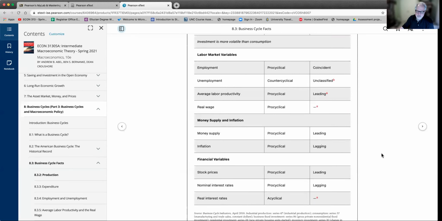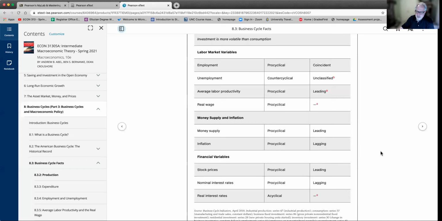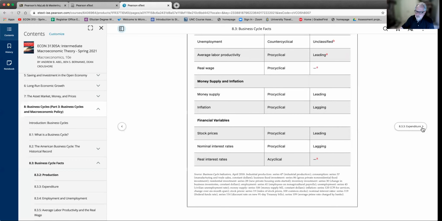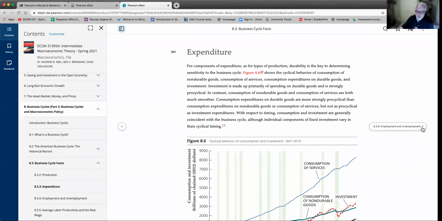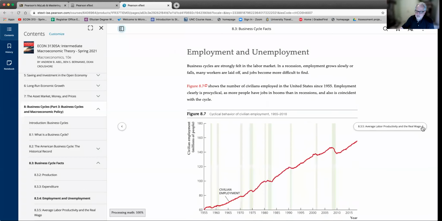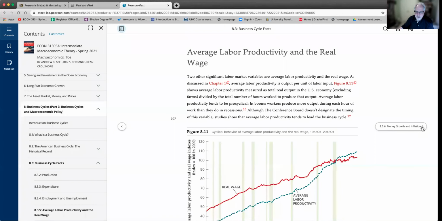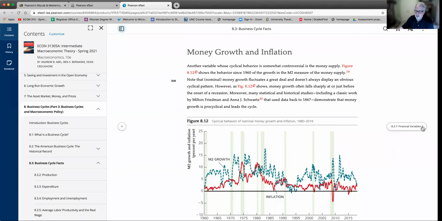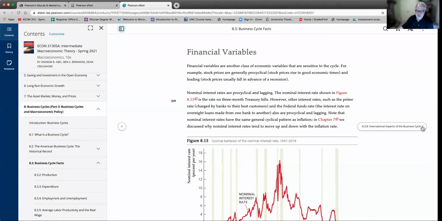So this is an opportunity where we start looking at the business cycle behavior of these economic variables. So we have data on expenditures, employment, unemployment. We have productivity, the real wage, money growth, inflation. Financial variables like interest rates, nominal interest rates.